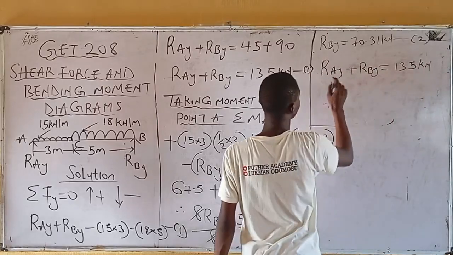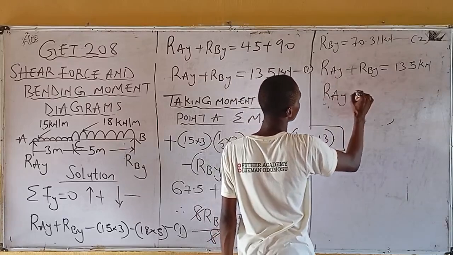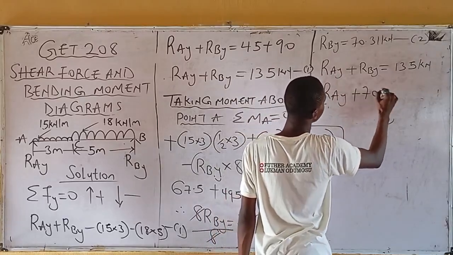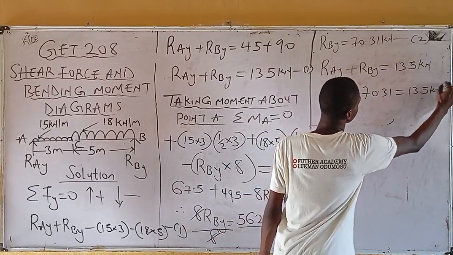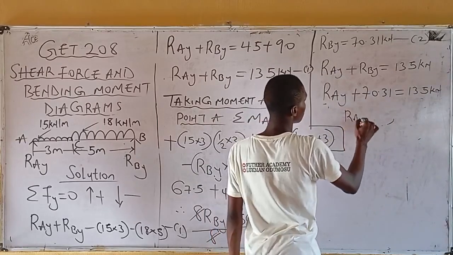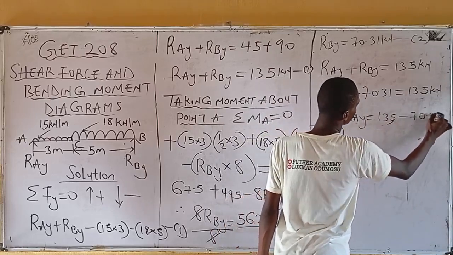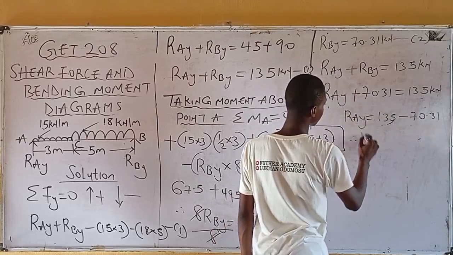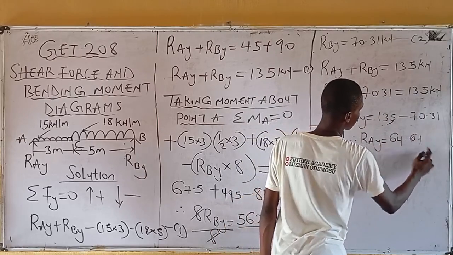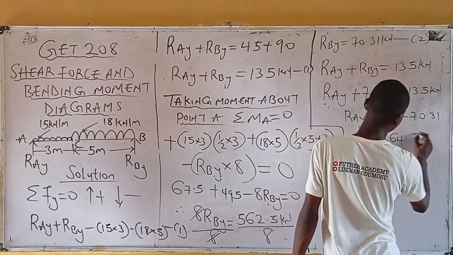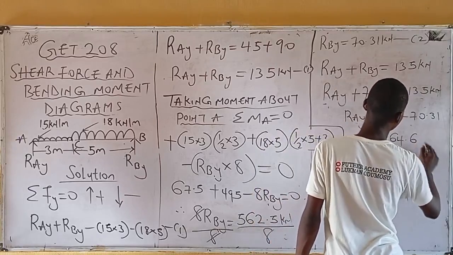Substituting RBY, meaning RAY plus 70.31 is equal to 135 kilonewton. RAY is equal to 135 minus 70.31, which is 64.69.